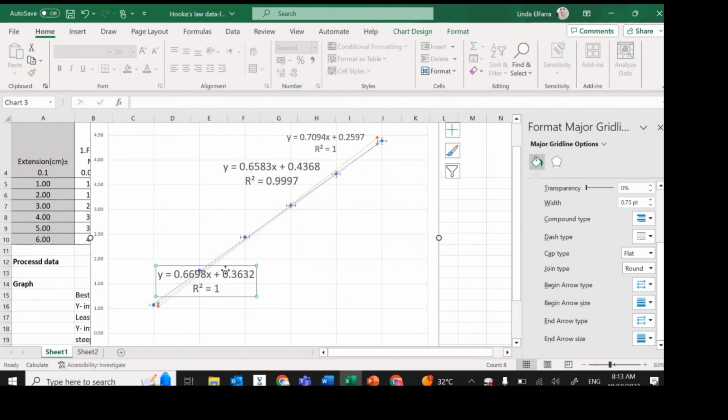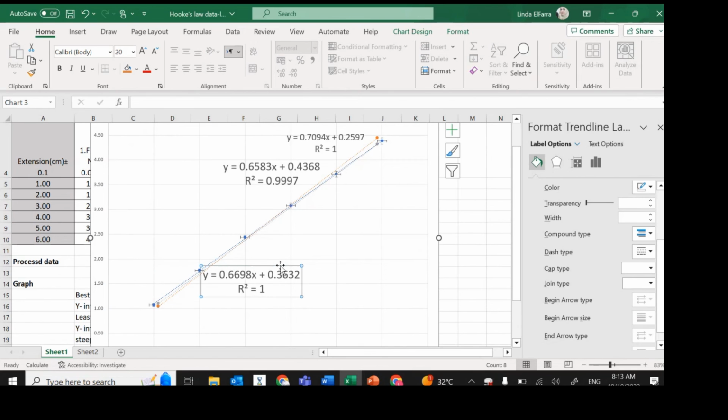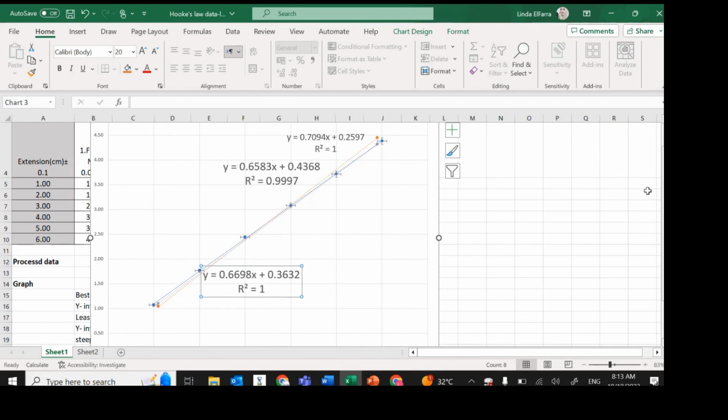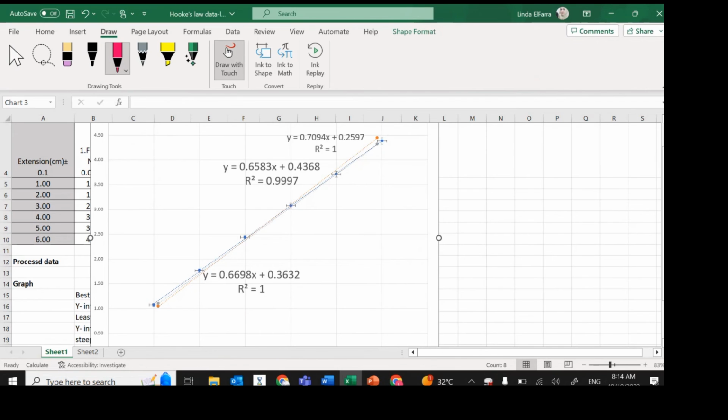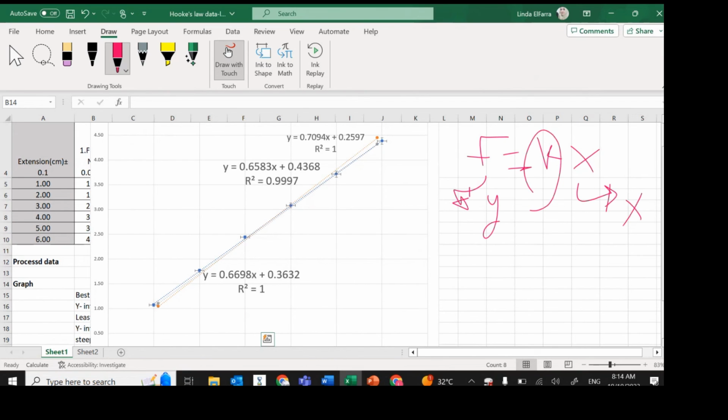Till now we haven't done, because we need to write the value of K. So the value of spring constant, we know Hooke's law, F equals K times X. So this one is y-axis and this one on x-axis, so the slope or the gradient will be K. This will be the gradient or the slope.